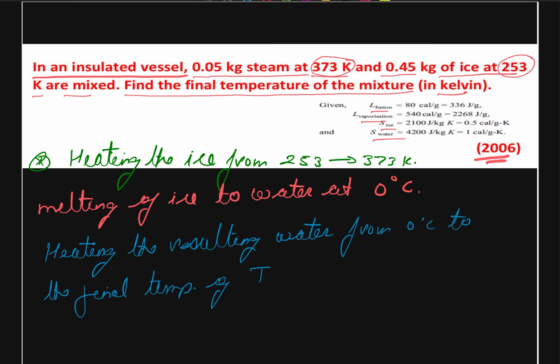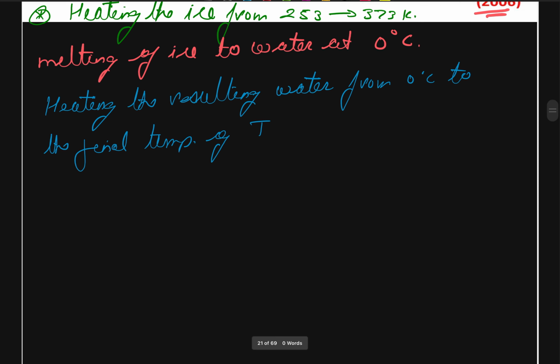And obviously this is to be done with the help of steam. So steam is going to condense to water at 100 degree centigrade.